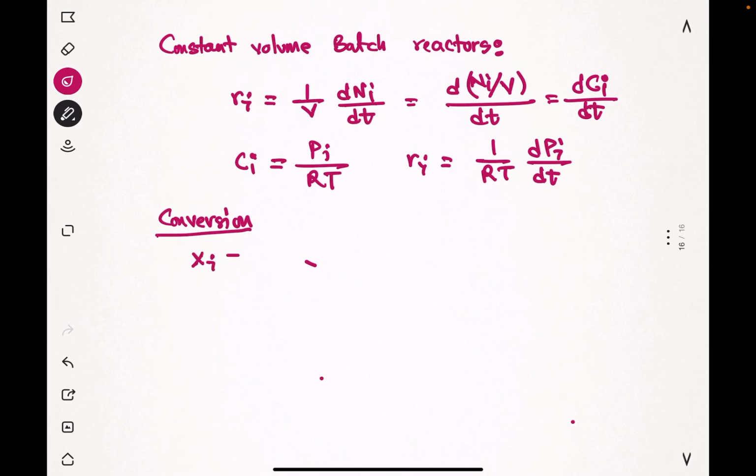So let's use the symbol Xi for conversion. Conversion is given by the number of mole changes by initial moles present for any particular reacting species. And this can be written as Ni equals Ni naught times 1 minus Xi.